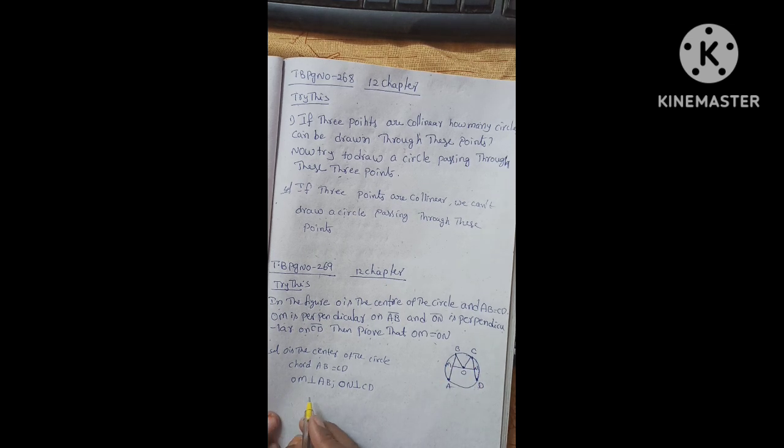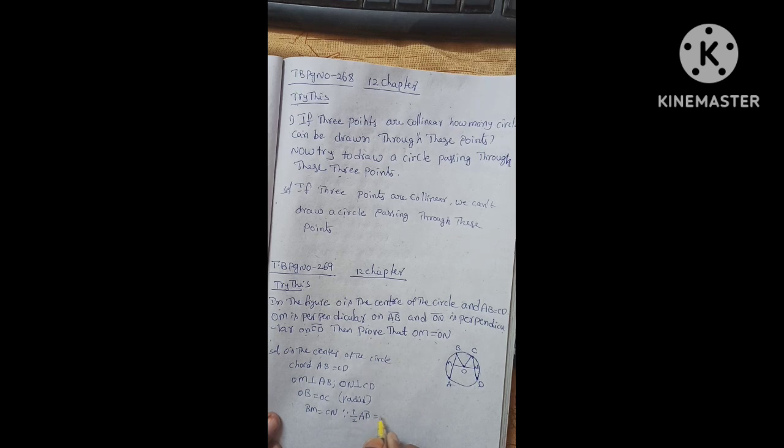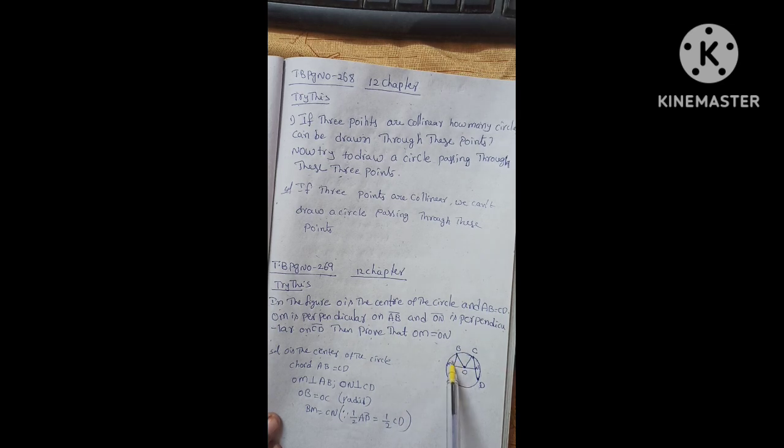So OB is equal to OC, radii, and BM is equal to CN. This means half of AB is equal to half of CD. See, BM and CN, what are these?